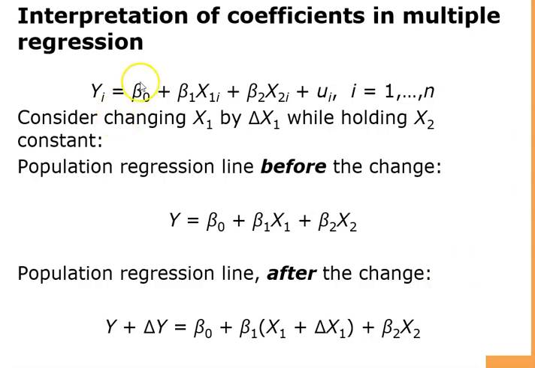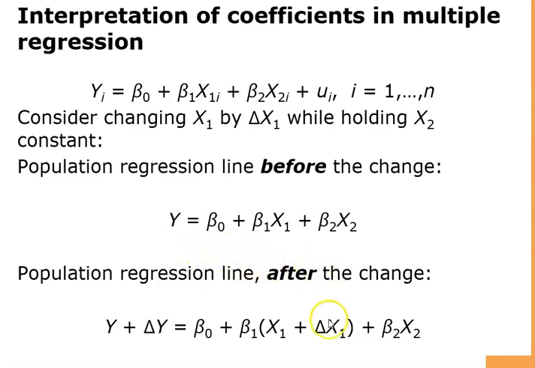So this is the regression equation. If there is no change in x1 or x2, then this is the population regression line. But what is the population regression line after the change in x1?